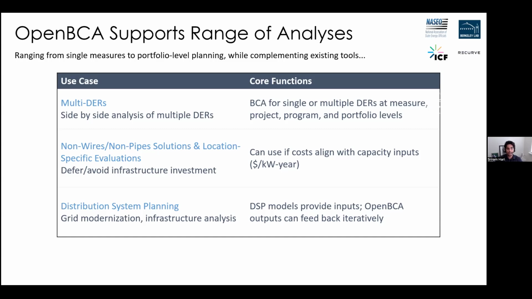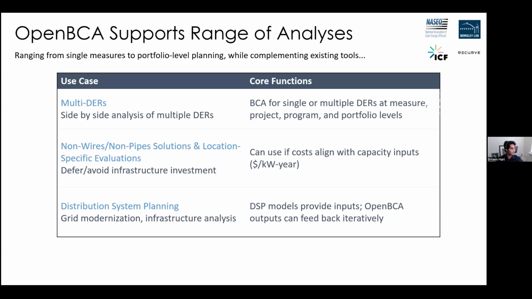And finally, this can also integrate with distribution level system planning in terms of looking at if you have inputs for certain feeders or substations, OpenBCA can give you analysis of what would be the cost effectiveness evaluations for those types of analysis on a distribution system. We have a wider variety of use cases and additional documentation on the webpage. So if folks do want to explore more of this, I would suggest visiting the NASEO OpenBCA webpage to look at those resources.